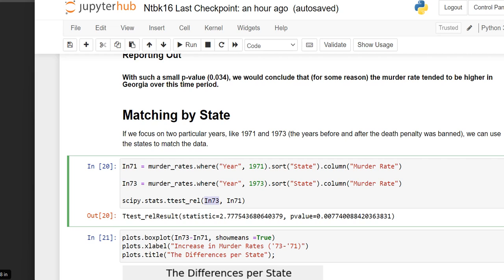Now, notice the order these go in. They do not go in chronological order. We're doing this t-test rel underscore rel, and we're doing post comma pre. Again, it's just making sure that the gain scores are calculated correctly.